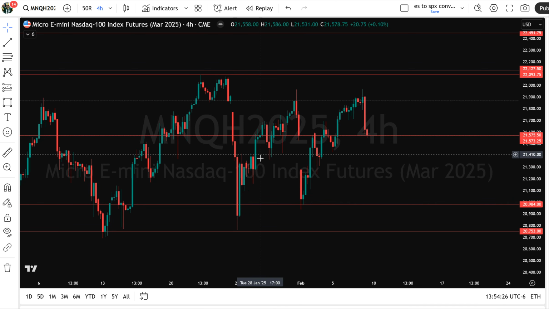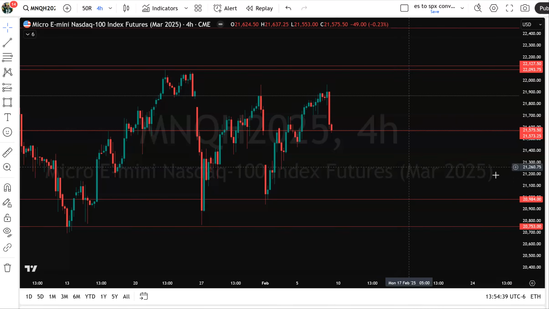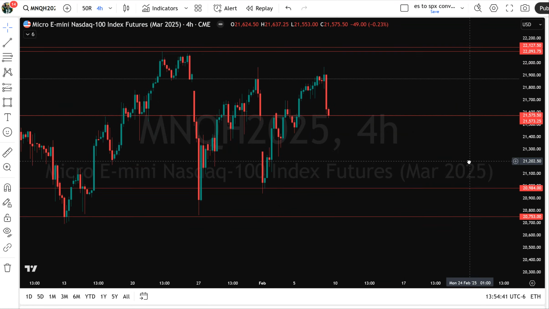So we come down, reject off of some level, push back up, come down, didn't quite get a little higher low here, and then we push back up to that same level, and now we're starting to push down. So remember, this is technical analysis. We're just thinking of different scenarios at this point.